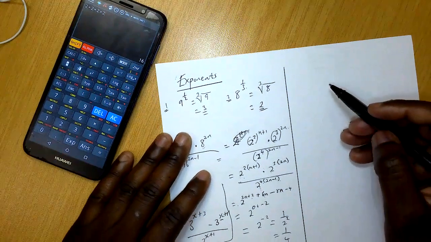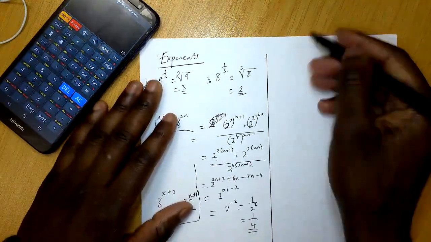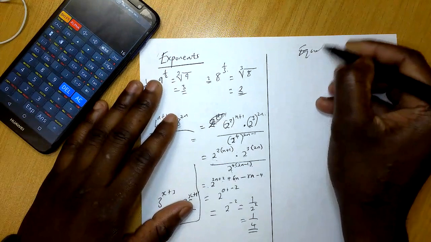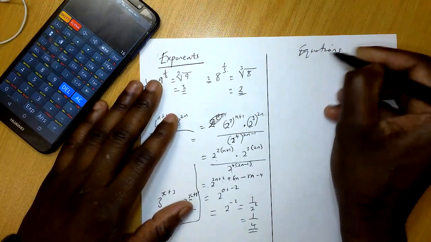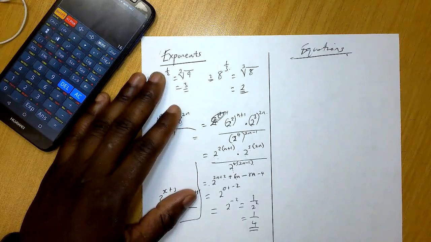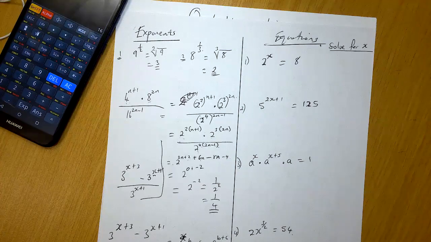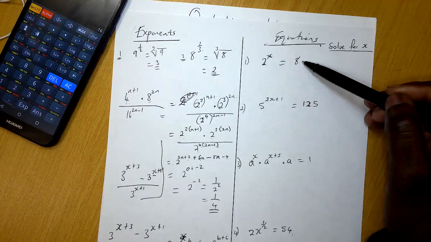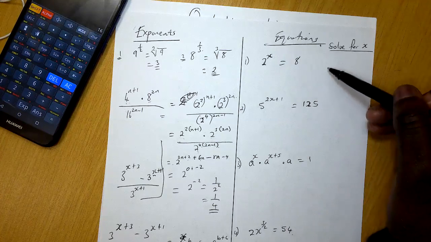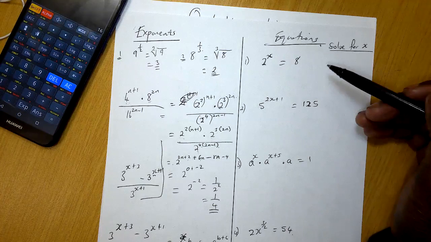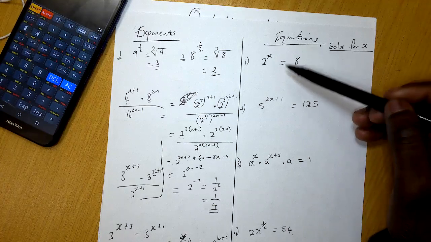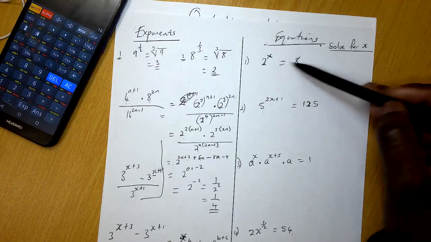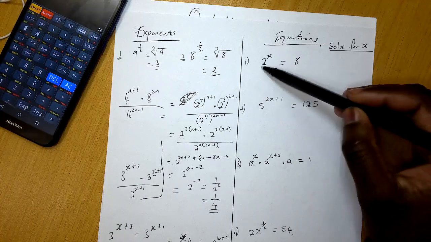Okay, so let's try to check some equations. Here, 2 to the power of x equals 8, and you are asked to solve for x. Here's the trick: when you are given such equations, you need to make sure that you have the same base on both sides.